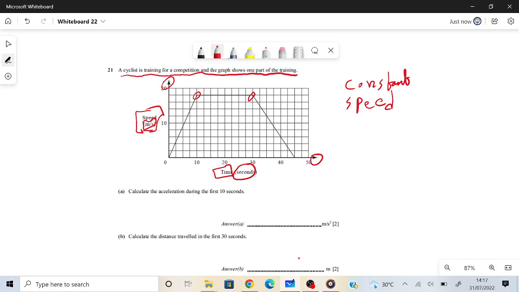A straight line that's not horizontal, either upward sloping like this one, or downward sloping like this one, is either acceleration or deceleration. If it's straight and slanting upwards, then it's acceleration. And if it's a straight line slanting downwards, then it's deceleration.